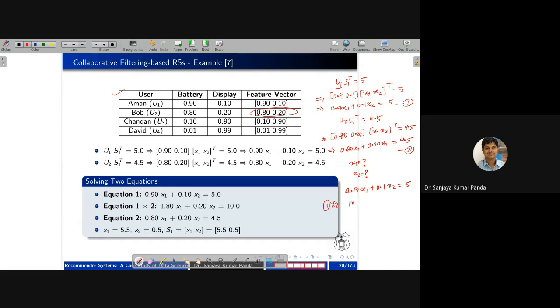So it is 1.8 x1 plus 0.2 x2 is equal to 10. Because I want to cancel this x2 part, that's why I have multiplied equation 1 with 2, not equation 2.